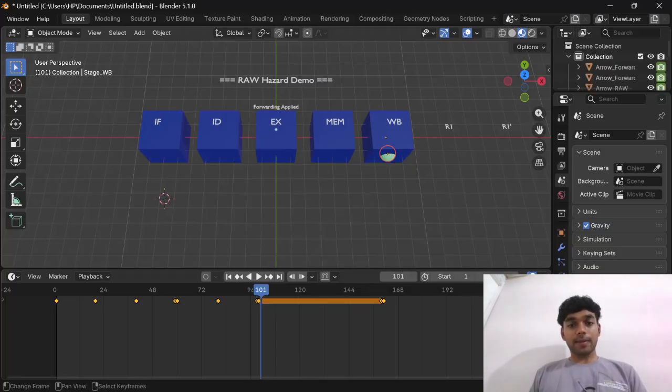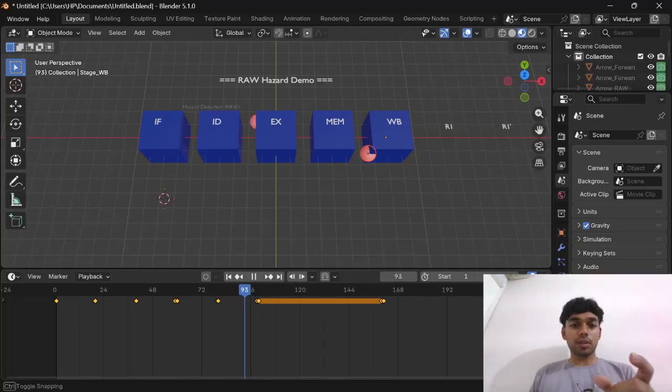The solution here is the concept of forwarding. What it means is, when the first instruction is executed, the result of it gets forwarded to the second instruction, so that it does not have to wait for the first instruction to fully write back the result into the registers.